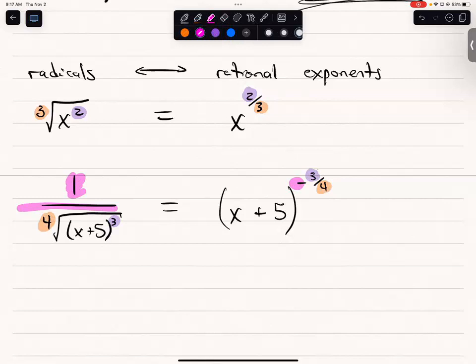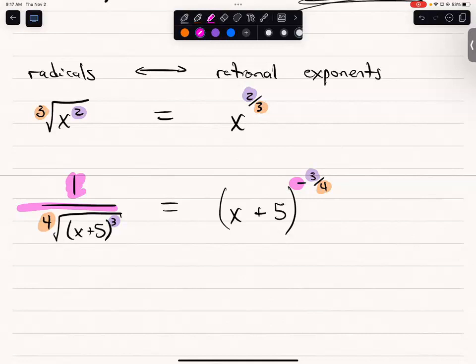This is what we started with. I gave you this and I said, hey, write this thing using radicals instead. We just need to be able to go either direction, right?